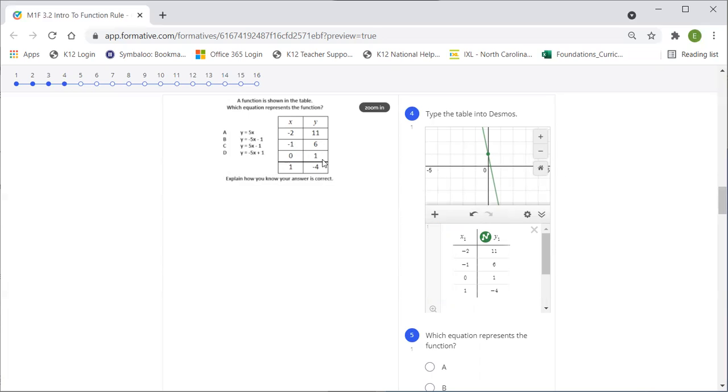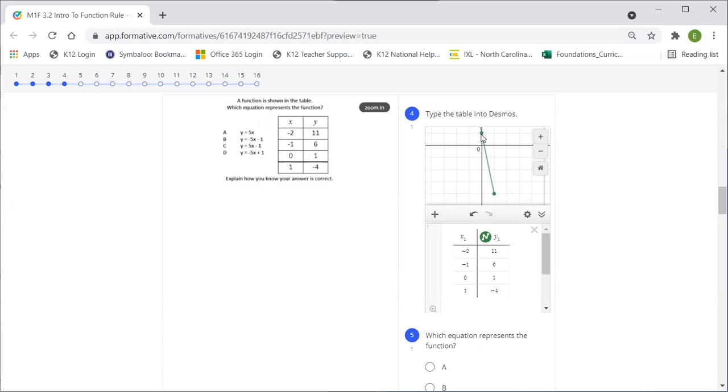So I have a b value of 1. If I look at all of my equations, there's actually only one of them that has a b value of 1. But we do want to double check that slope, which is -5. Let's go ahead and check that. If I start up here, remember I want my rise over my run.